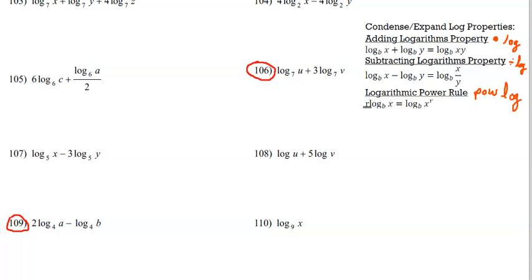Alright, so let's look at number 106. We're to condense this expression. Log base 7 of u plus 3 log base 7 of v. So what you want to do first is move the coefficients to the exponents with power rule.